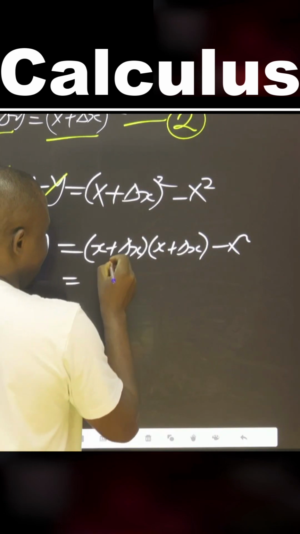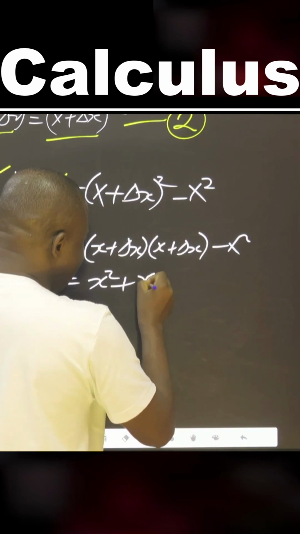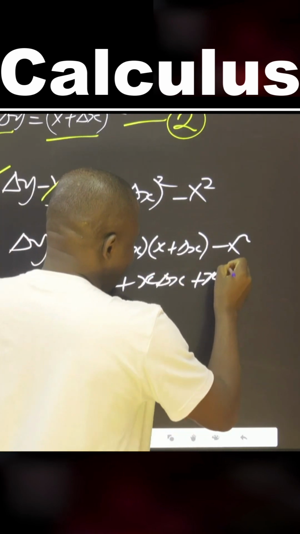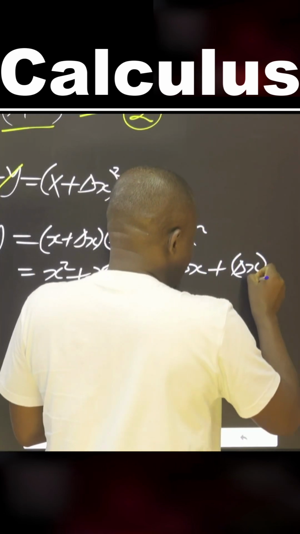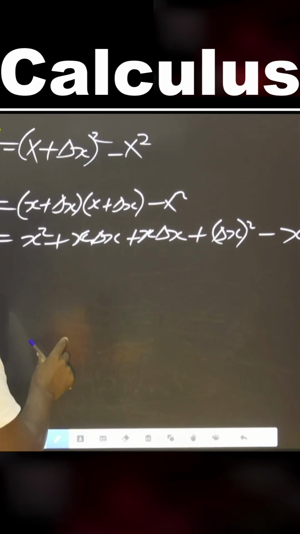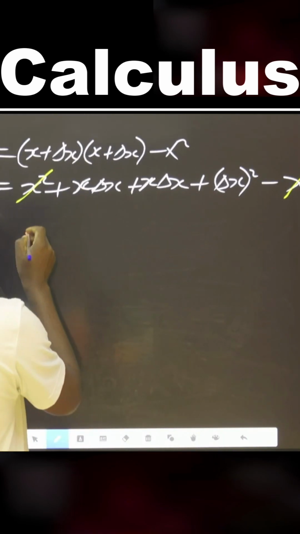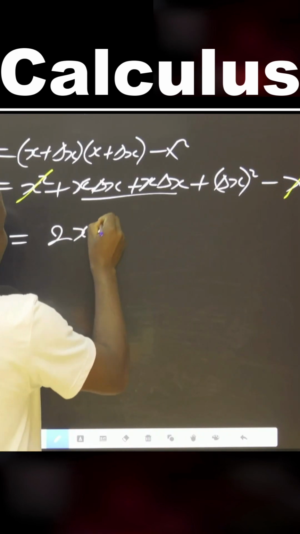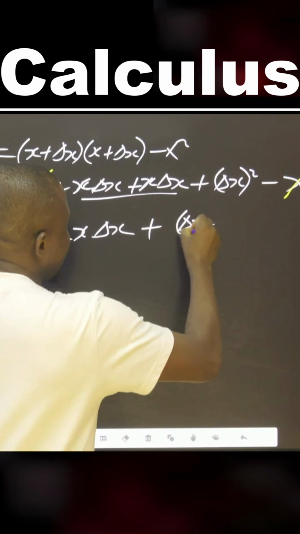This will give us x squared plus x delta x plus x delta x plus delta x squared minus x squared. So you can see in this place now, this and this will cancel. With that now we have 2x delta x plus delta x squared.